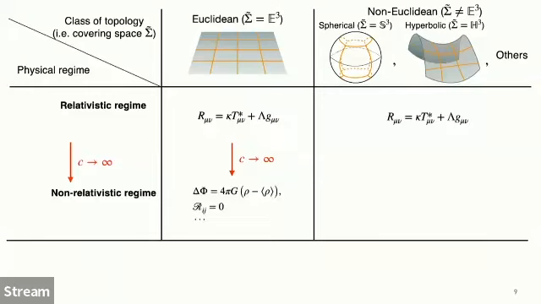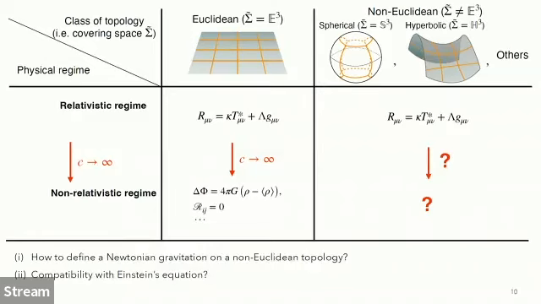So this means that we don't yet have a theory that would describe non-relativistic gravity or Newtonian gravity, if you prefer, on a universe which would be spherical or hyperbolic, for instance. And so the first two questions I was interested in during my PhD were: what would be the equation that would describe Newtonian gravitation in a spherical universe, for instance?